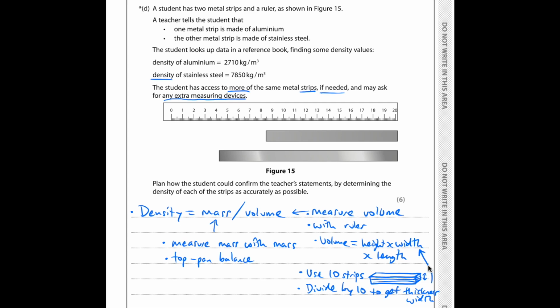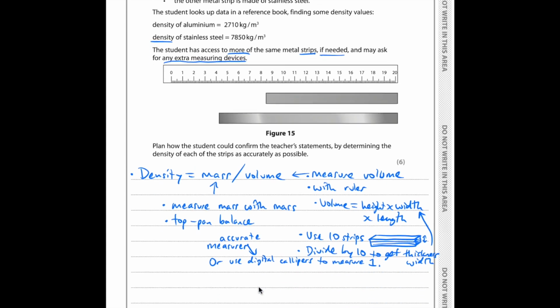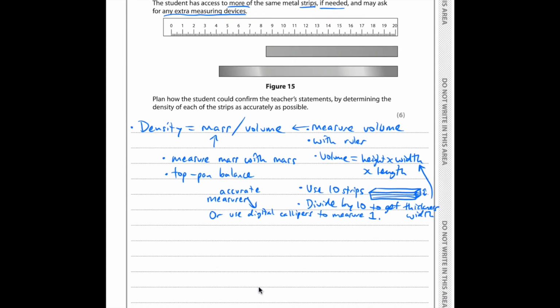Or if you only wanted to measure one, you could use digital calipers. I know we haven't used them with my students, so it's just a very accurate way to measure it, an accurate measurer. To get the volume, you could also pop it into a displacement canister.